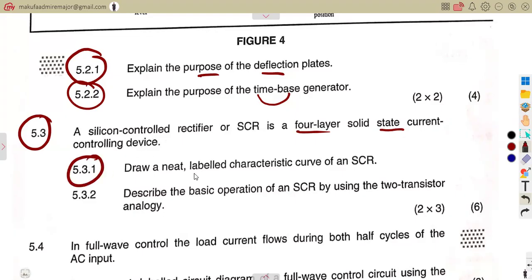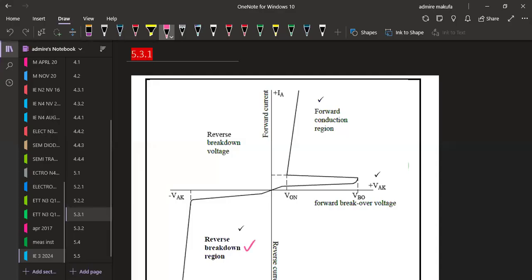Okay. A silicon-controlled rectifier is a 4-layer solid-state current device. We know that. Draw a neat labeled characteristic curve, guys. Describe the operation thereafter of this, okay? So we've got 2 things. The second, the characteristic curve. Remember, for a silicon-controlled rectifier, you're going to have the reverse breakdown region and the forward conduction region.